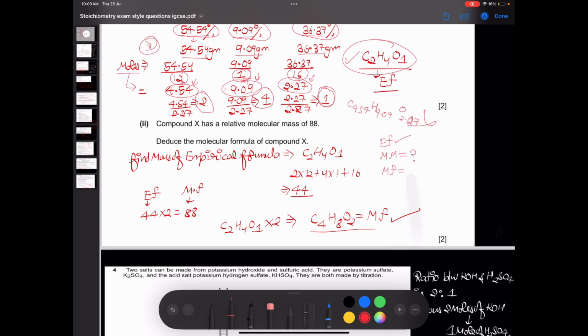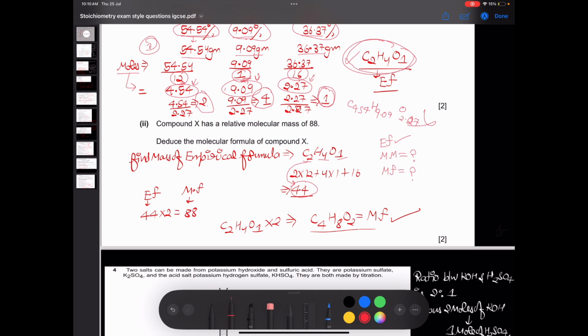Molecular formula you have to figure out. So, I'll just tell you one thing. What you should do is the empirical formula that you have found out, try to find out its mass. I've done the same thing here. C2H4O1. I've tried to find out its mass and the mass is coming out to be 44.